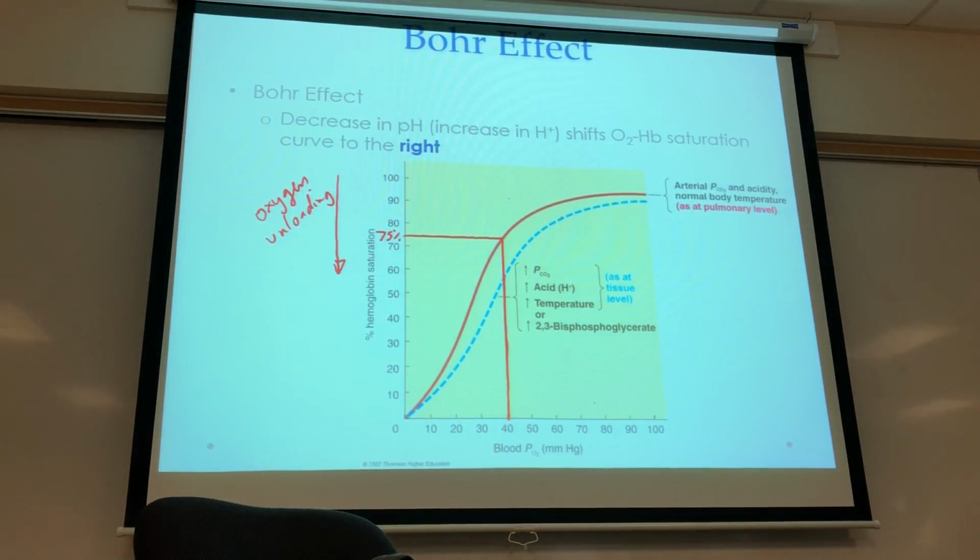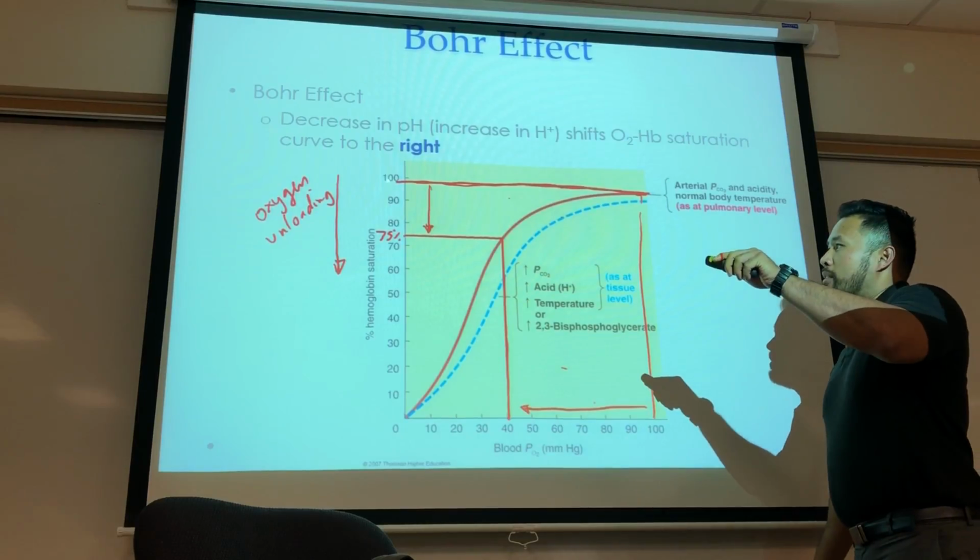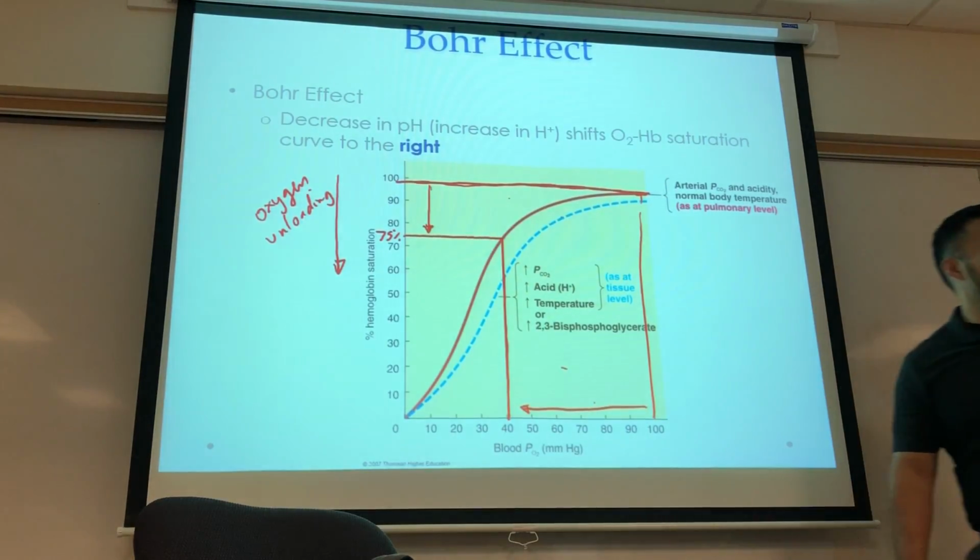Starting from a PO2 of 100, when we go from a PO2 of 100 down to 40, we get our hemoglobin that unloads 1 oxygen molecule.